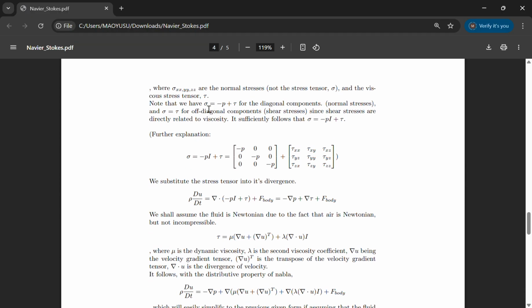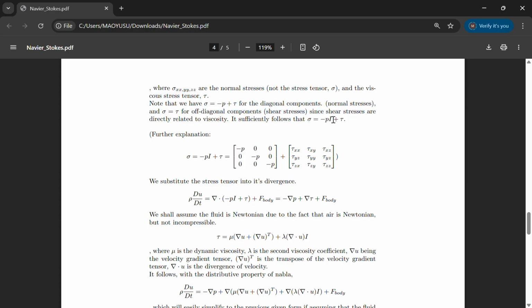So we have sigma equals negative p I plus tau. I'm missing I, but I here is mostly to consider the different directions, so to say. So it's not exactly the most important thing. Just remember, it's just for the diagonal components.